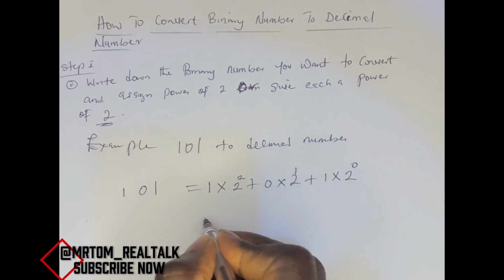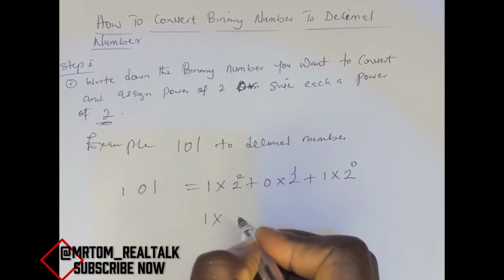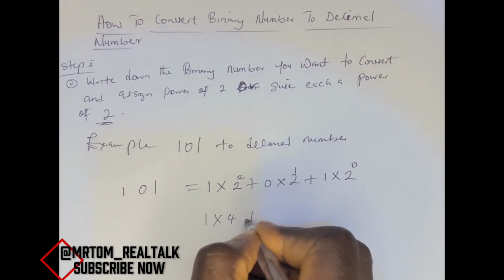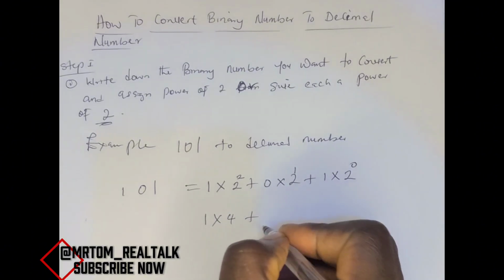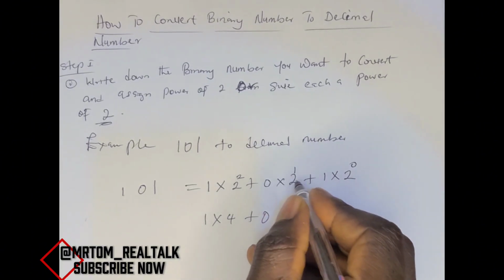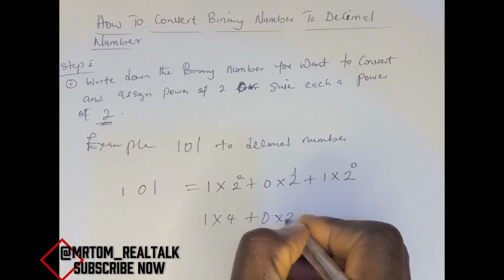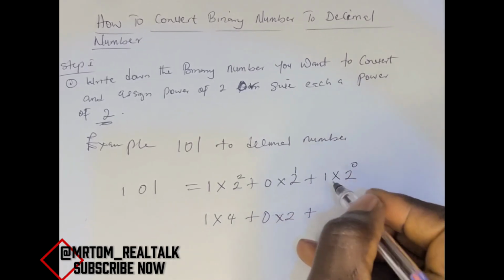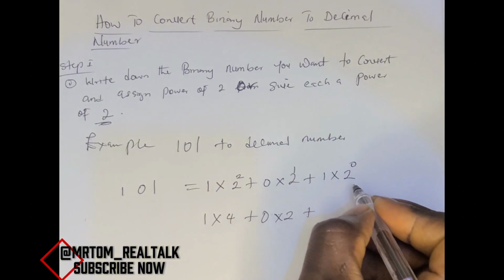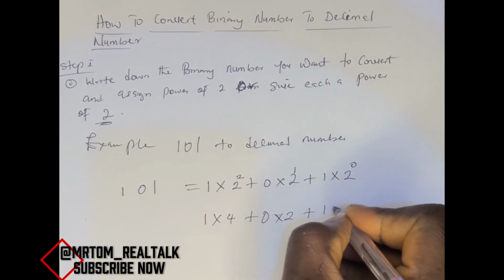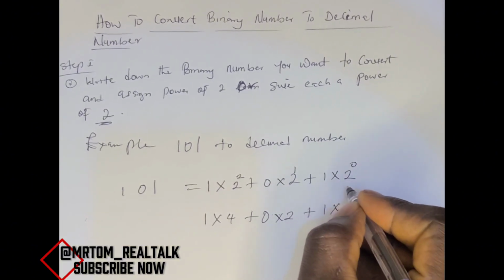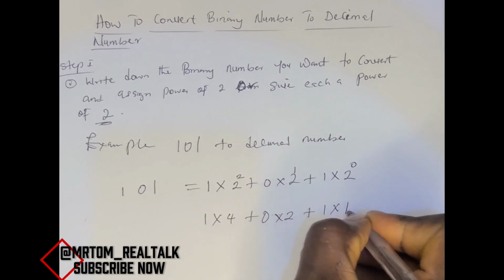So let's try it. 1 multiplied by 2 raised to the power of 2, which is 4, plus 0 multiplied by 2 raised to the power of 1, which is 2, plus 1 multiplied by 2 raised to the power of 0, which is 1.